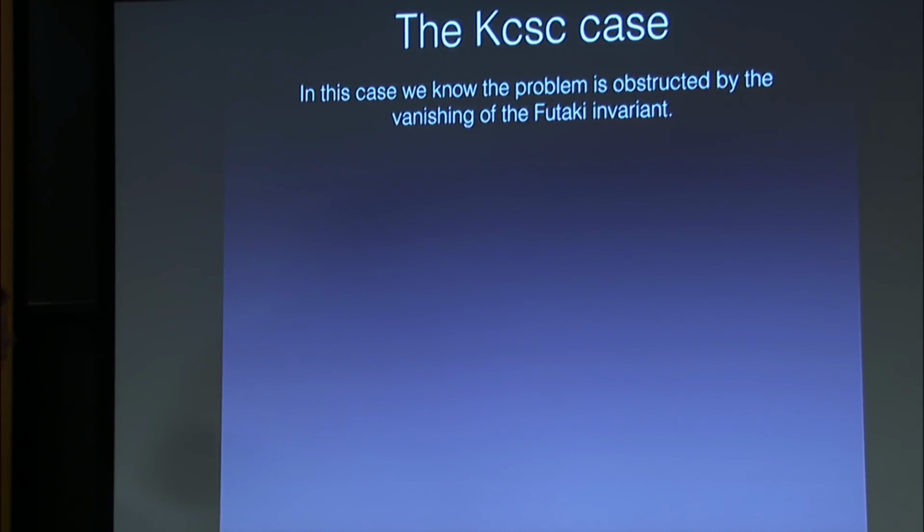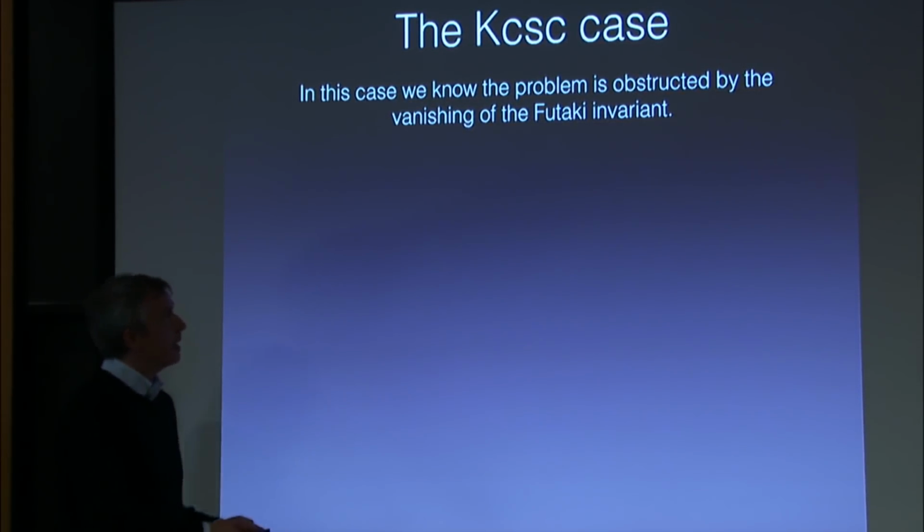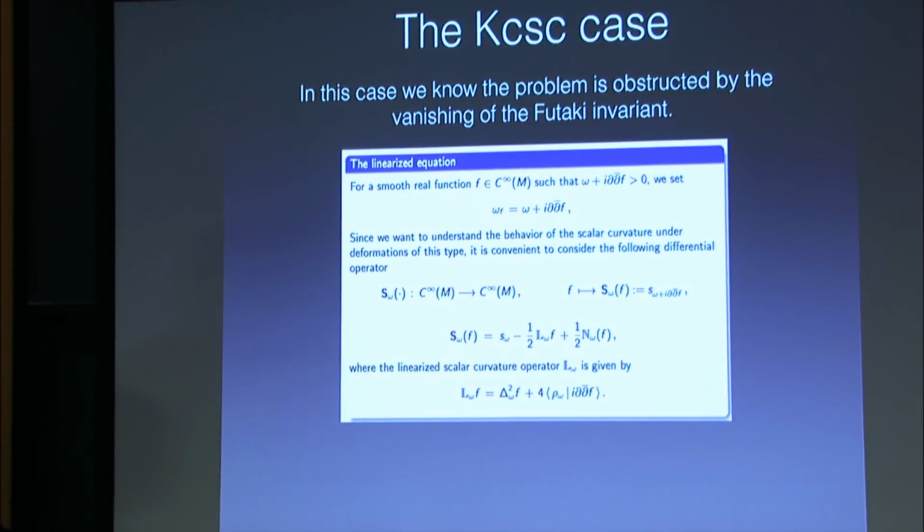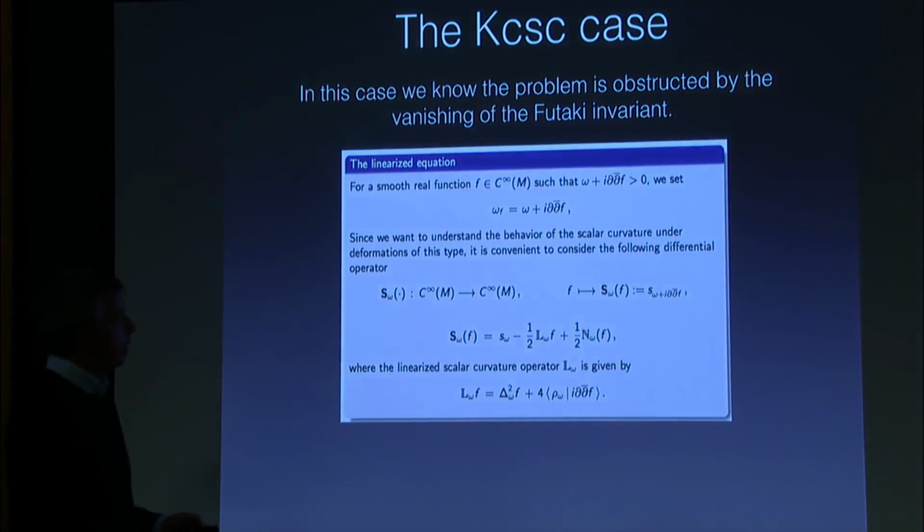Okay, so now I have my equation, constant scalar curvature. While for the extremal case, actually the theorem was going to tell me you can do whatever you want, okay? Basically, you start from an extremal orbifold, you resolve singularities, you have an extremal manifold. That's it. Now we know that this theorem is false if you substitute extremal with constant scalar curvature, because there is the Futaki invariant.